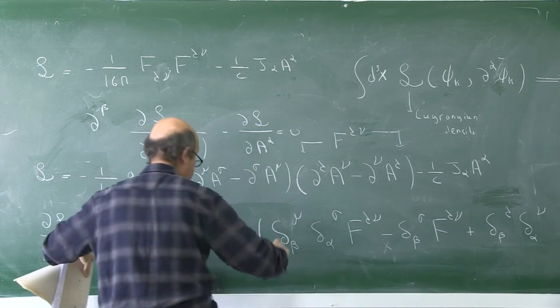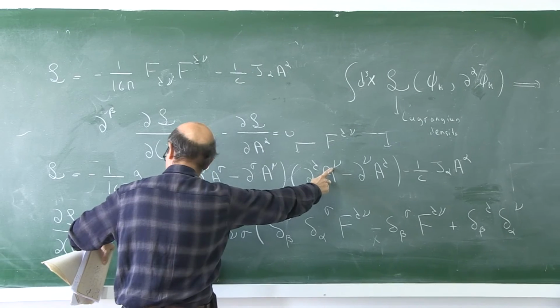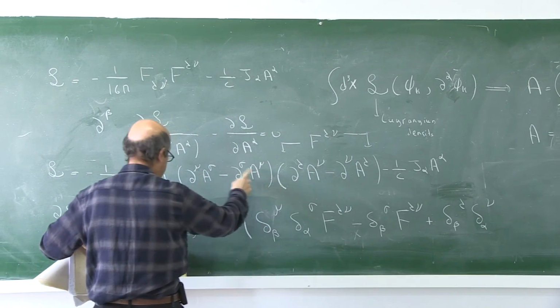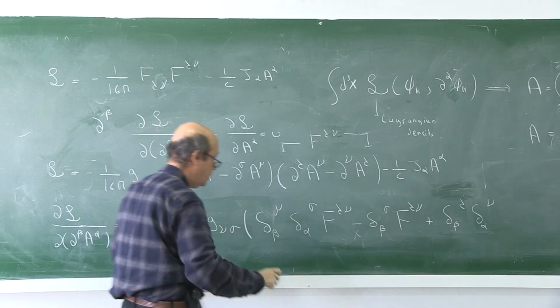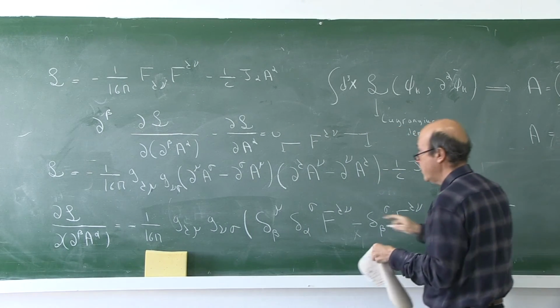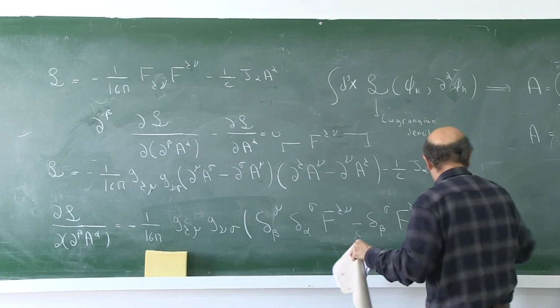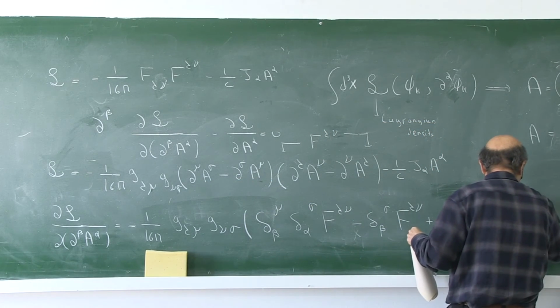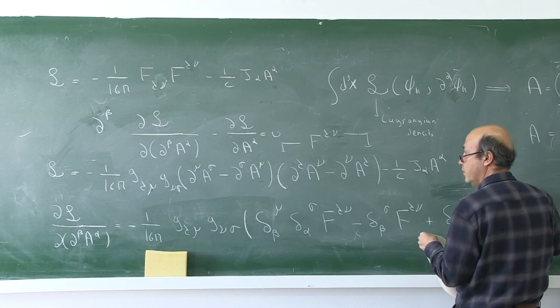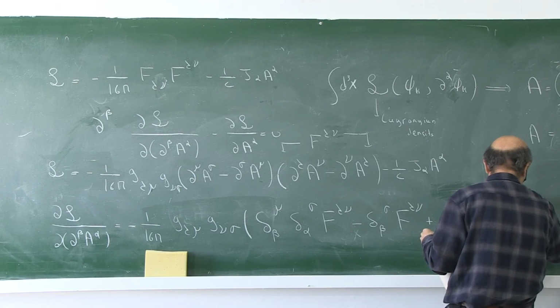So is it okay? Lambda beta mu alpha multiplied this term, and what is that term? What is this? Mu sigma. Mu sigma, thank you.